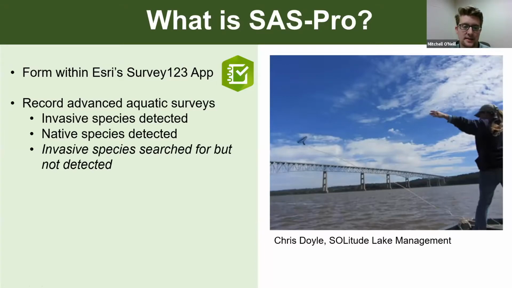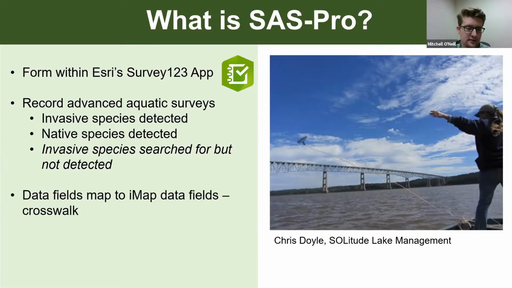You can record advanced aquatic surveys, including, of course, invasive species that are detected, but you can also record native species that are detected, which you can't do in most Imap apps because it's designed for invasive species, but we specifically added in native species to this one because it's important to record the natives in this case. And then there's also the ability to record invasive species that you looked for but did not detect.